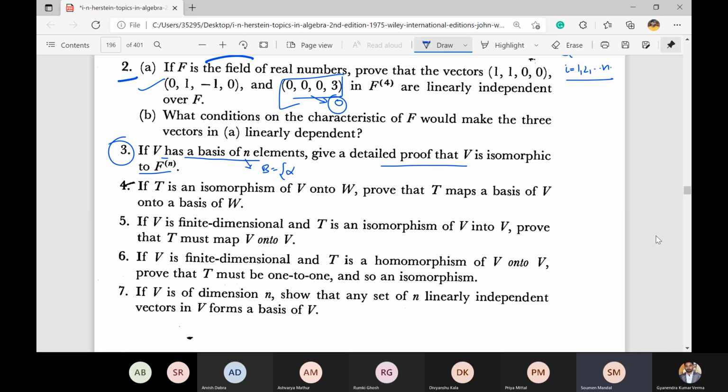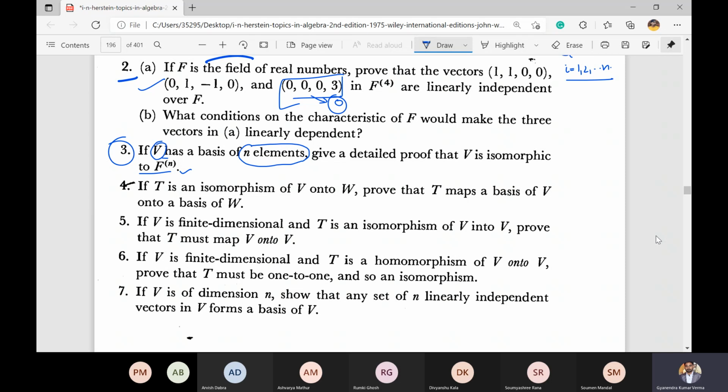And then if I take the map as V goes to alpha 1, alpha 2, ..., alpha n, then we can show that it will be a homomorphism and also a one-to-one mapping. Yeah, correct. If the basis has n elements, this means it has dimension n. And as I told yesterday, if two vector spaces have the same dimension, then they are isomorphic, and you can use that proof.